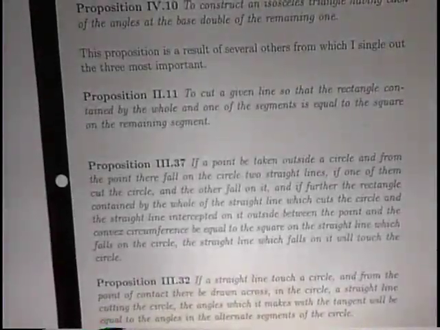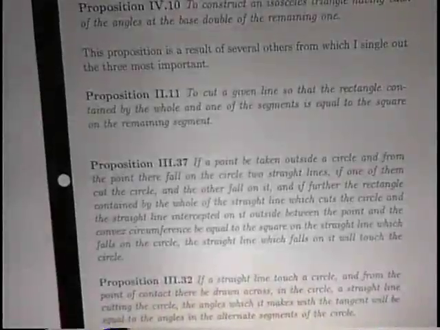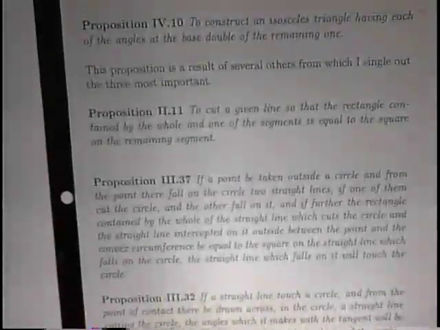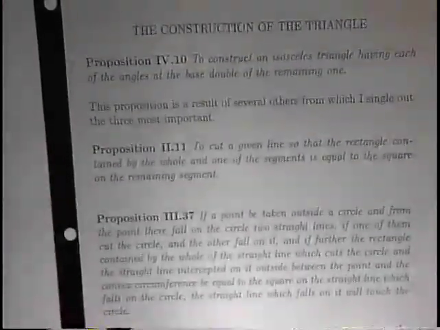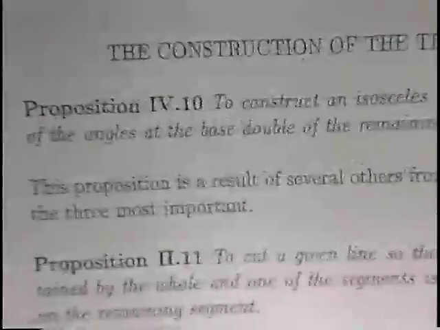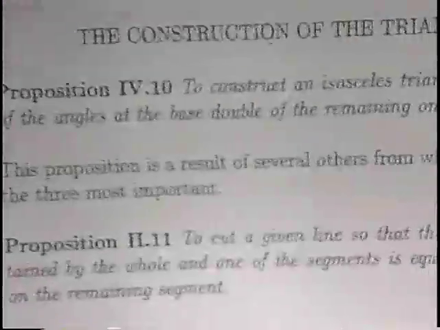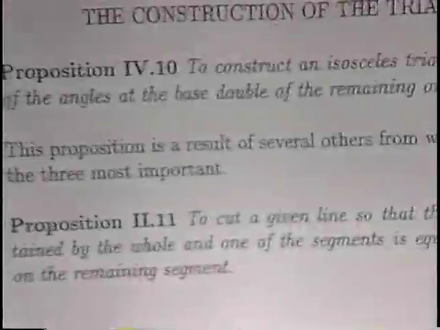So this was proposition 4.10, and that's our purpose today, to prove that proposition, which is to construct that triangle, and it will be a consequence of three other propositions. Now, let me just say something. It's a little hard to sort these out.